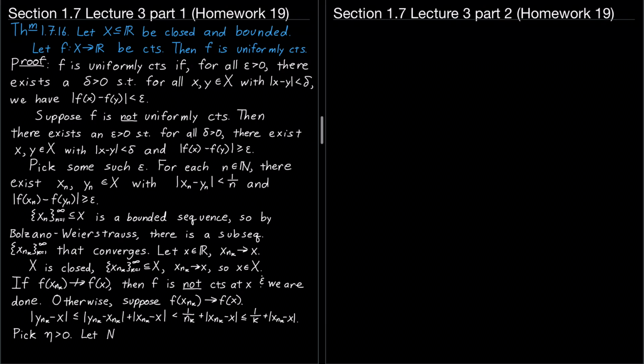Let N be such that if k is greater than N, then |x_{n_k} - x| is less than eta over 2. Because x_{n_k} is converging to x, we can require this.